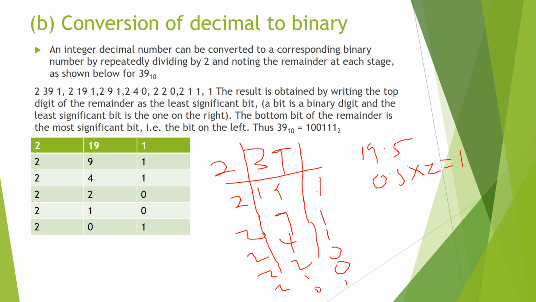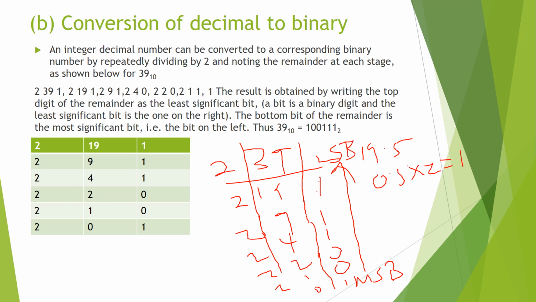And in this case, remember we said that the most significant bit is the last remainder, then moving upward to the first one, which was the least significant bit.